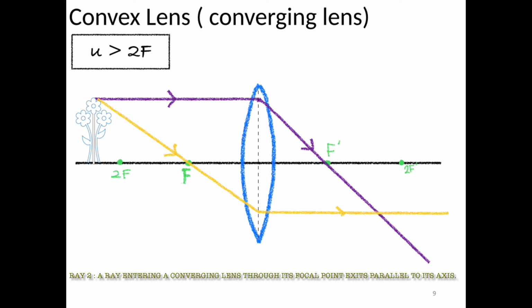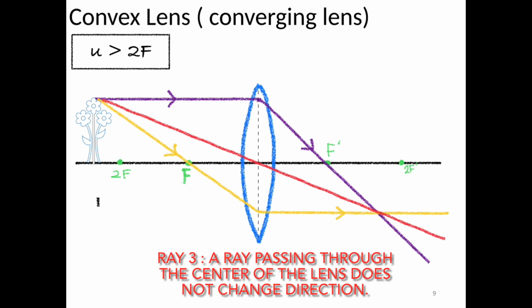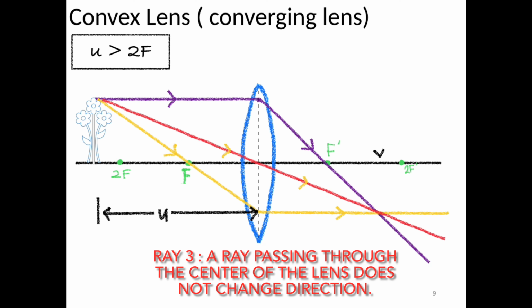And the third one, the last line. For this ray, we draw just a straight line through the center, and the image is going to be located where those light rays converge. So there will be our image.